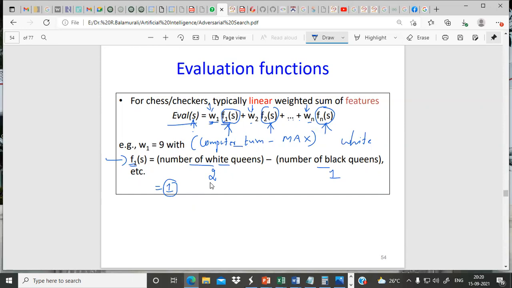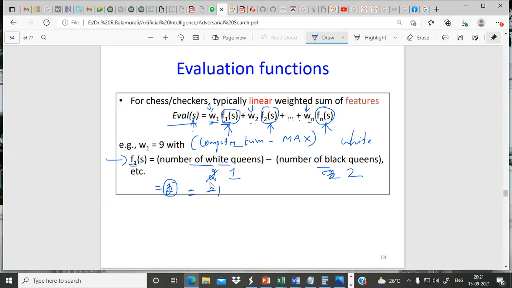That is our objective. Say, for example, the computer has 1 and the opponent has 2, then it will be -1. In that case, our evaluation function will go down. So this is one particular evaluation function.